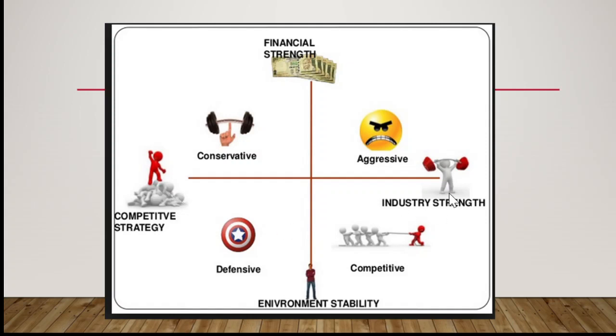And then we have here the industry strength and environmental stability, which are both external factors. Okay, so when we say environmental stability, these are the external factors that affect the industry. So if the environmental factors are changing fast and the company can't keep up with the changes, then surely the company has a high disadvantage compared to the rest of the market.